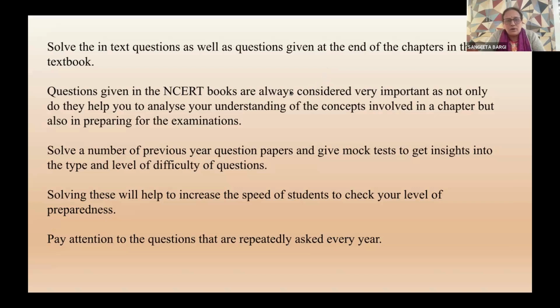One more thing I would like to add over here is that somewhere in the chapter you will find that they have asked questions. For example, in biology, there is one question: how do the traits get expressed? That's the heading that has been given. Wherever there are such questions in the textbook, these are the questions that have been asked a number of times in the board exam.